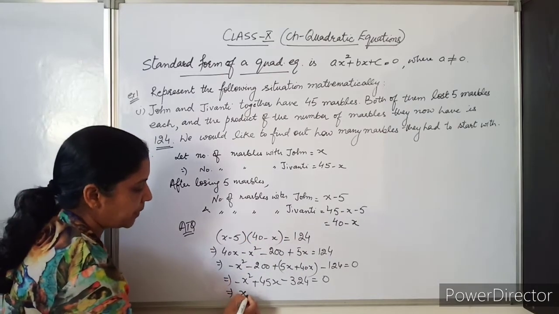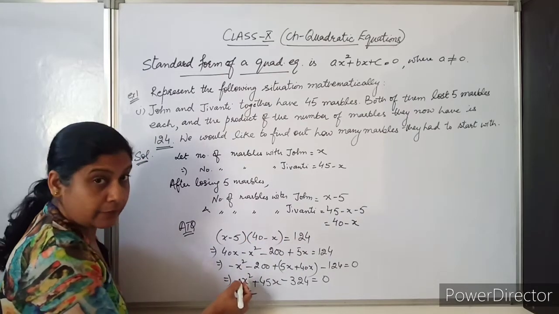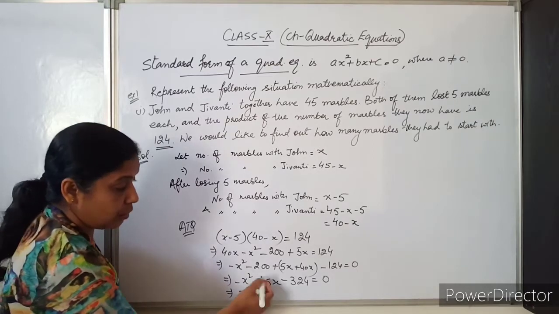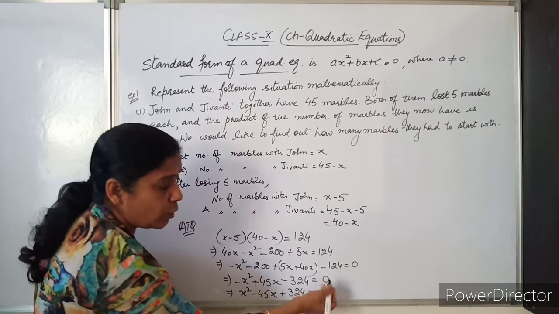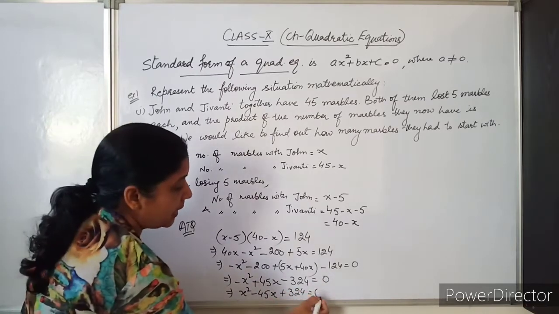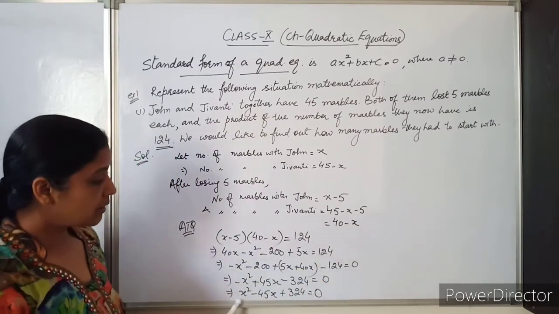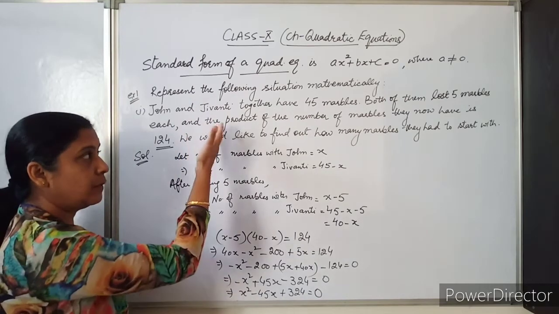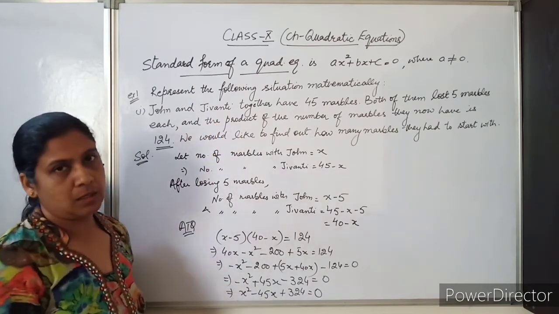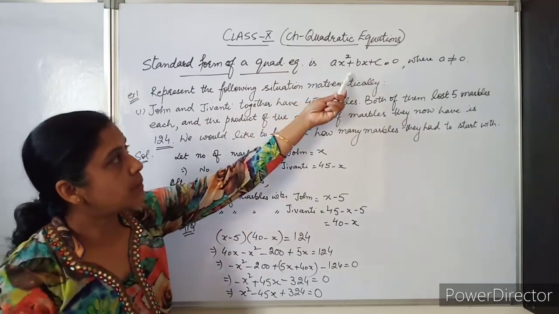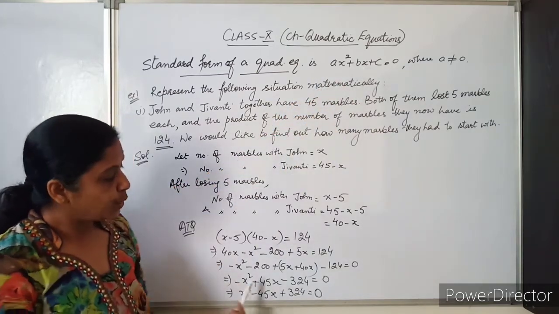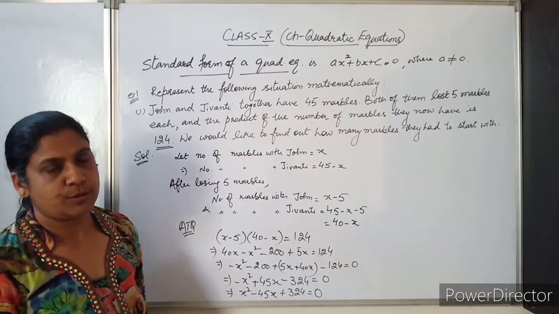Negative x square was there, so I am going to change the sign with each term, and on the RHS I am already having 0, so negative of 0 again remains 0. So this is the final presentation of the given word problem in a mathematical form, which has resulted in the form of ax square plus bx plus c is equal to 0. So it is a quadratic equation.